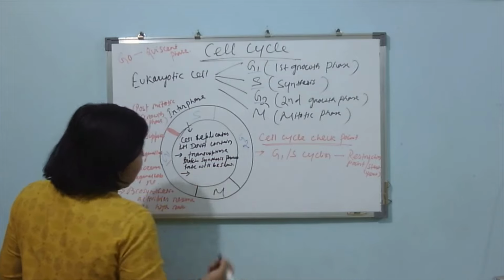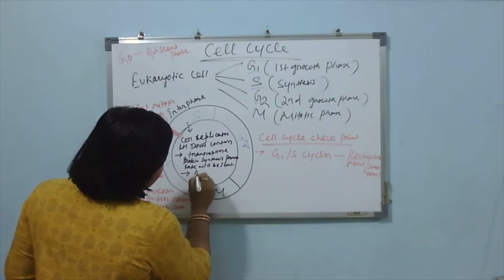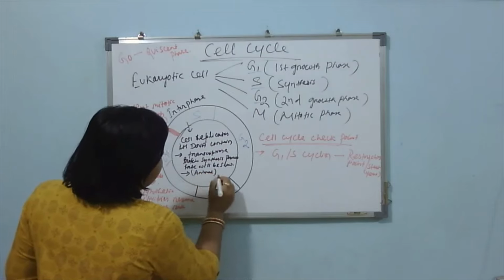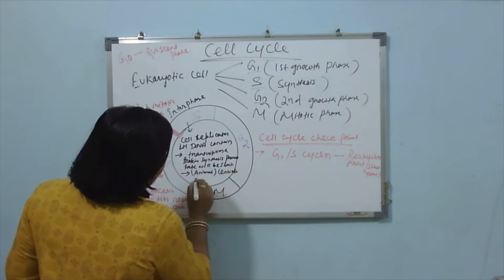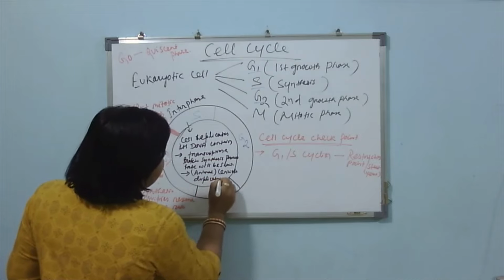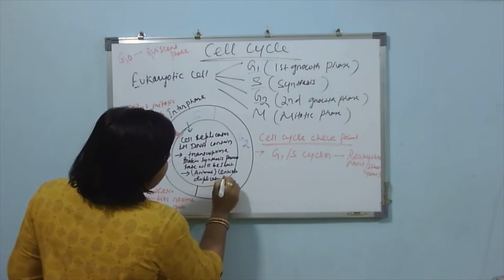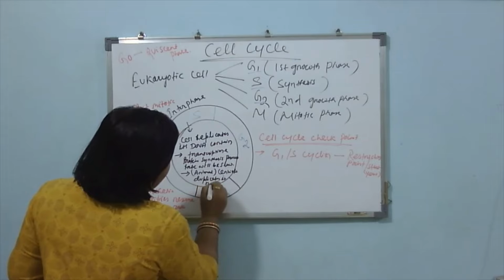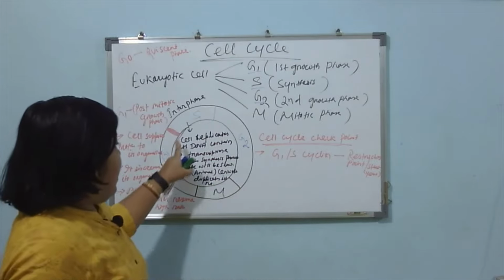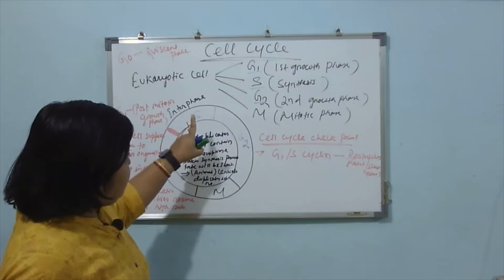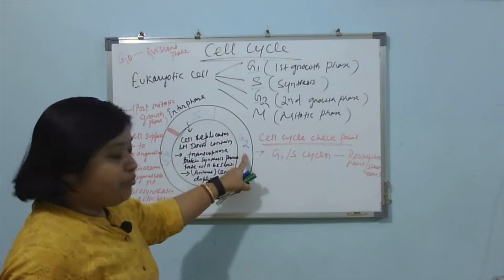And in animal cells, the centriole duplicates its number. After completion of the S phase, the G2 phase will start.